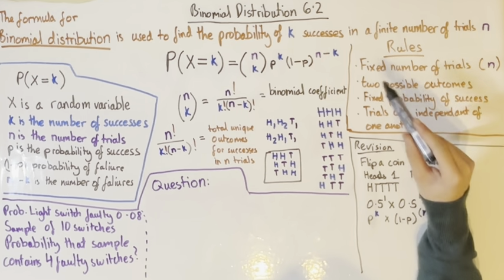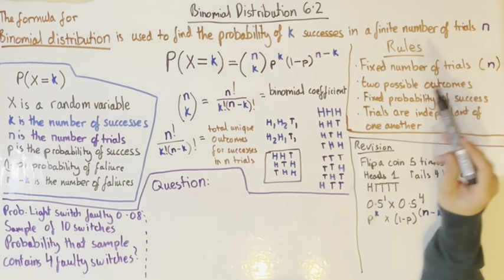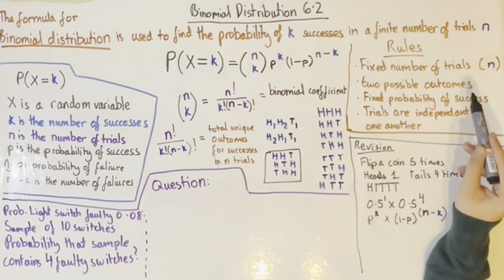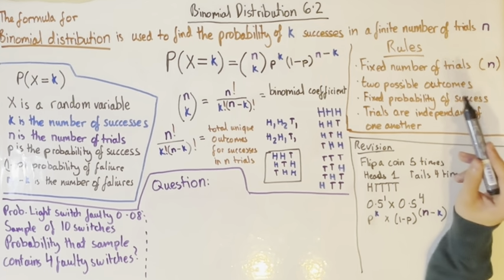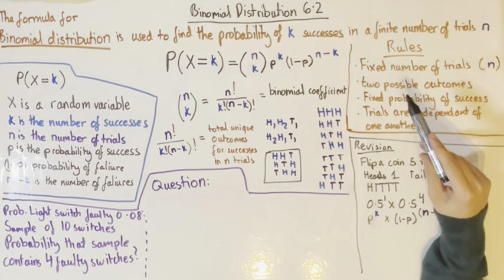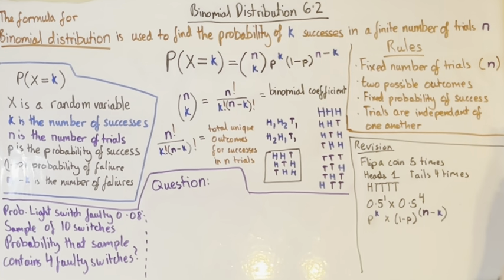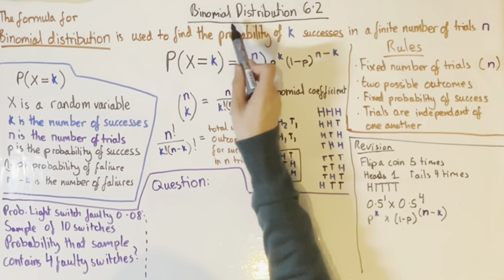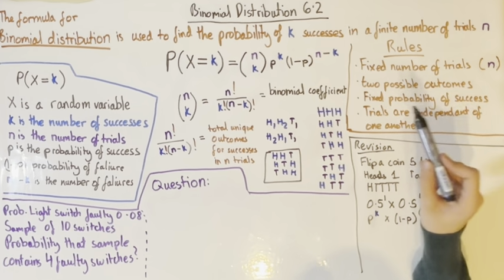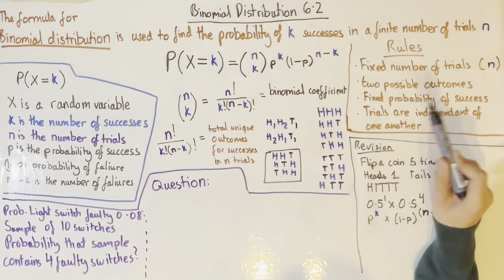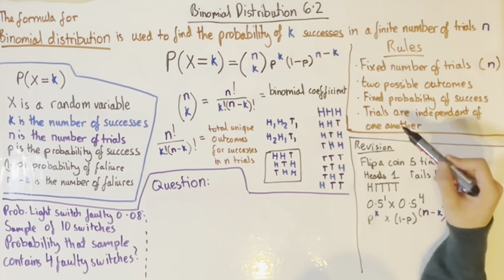We also have to have 2 possible outcomes, where one is a success and one is a failure. So for example, if I roll a die, my success would be getting a 6, and my failures would be getting a 5, a 4, a 3, a 2, or a 1. It has to be 2 possible outcomes, hence the name binomial distribution. I also have to have a fixed probability of success, and the trials have to be independent of one another.